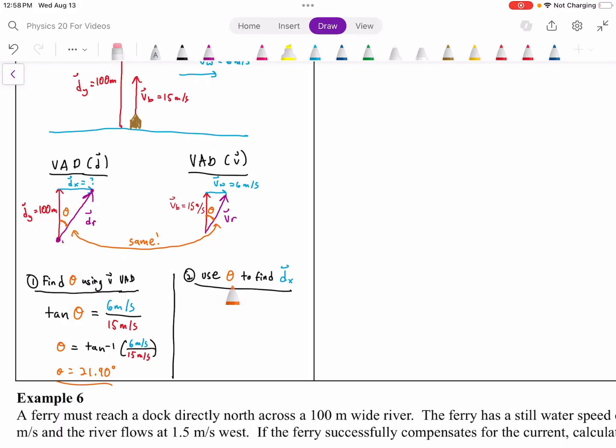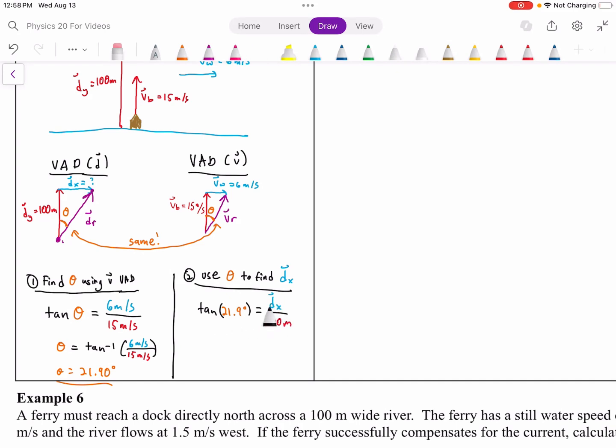So let's head into step 2 here now, coming back to our displacement VAD. Well, we want opposite, we have adjacent. So once again, it's actually going to be tan that helps us out. But now we know that that angle is 21.9 degrees. So tan of 21.9 degrees has to equal opposite, dx, that's what we're trying to find, over adjacent, 100 meters.